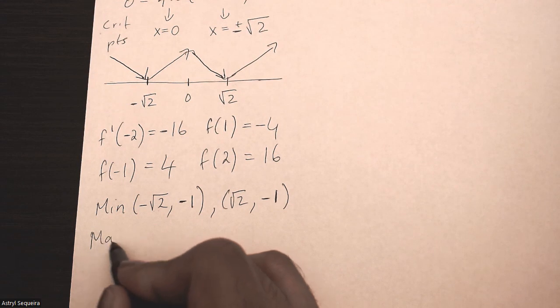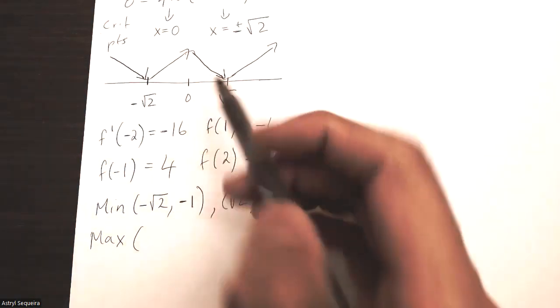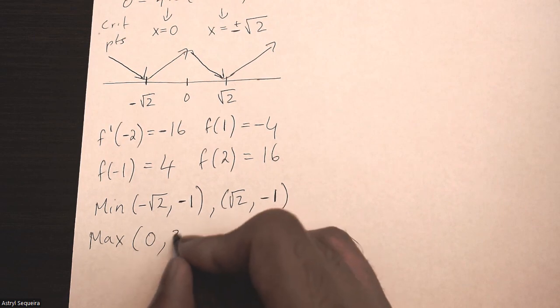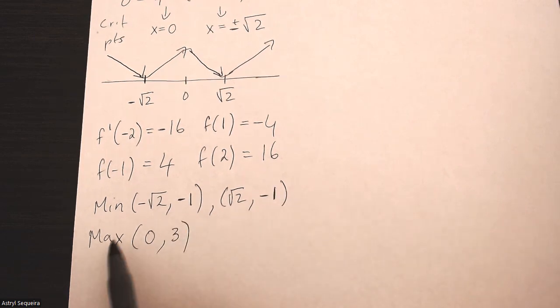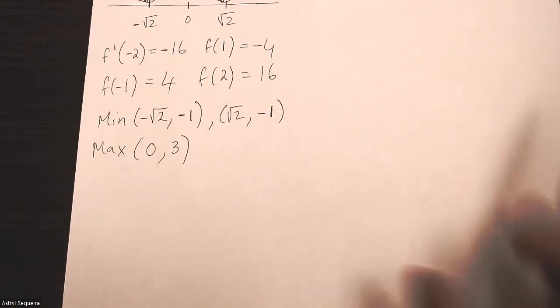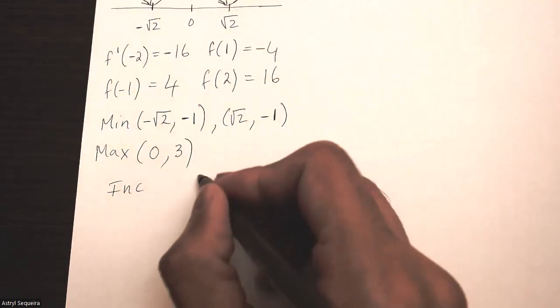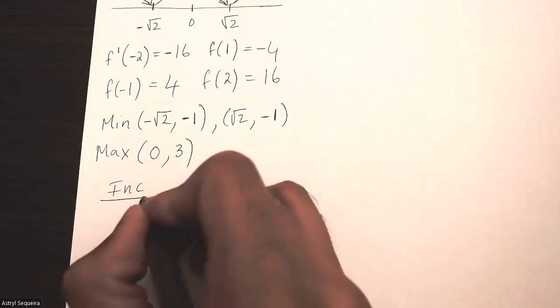I'll do my maximum next. My maximum has an x value of 0. If I sub this in the original equation, I will get a y value of 3. That's also the same as my y-intercept in this question, just something to note. Then I will do my intervals of increase and decrease.